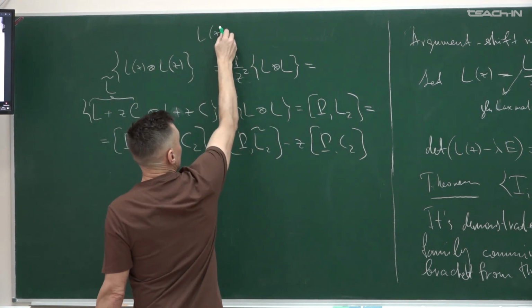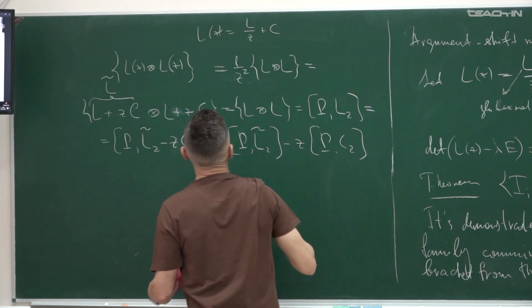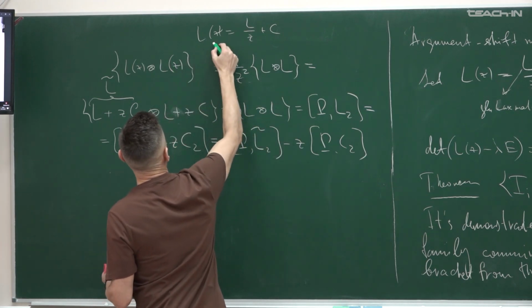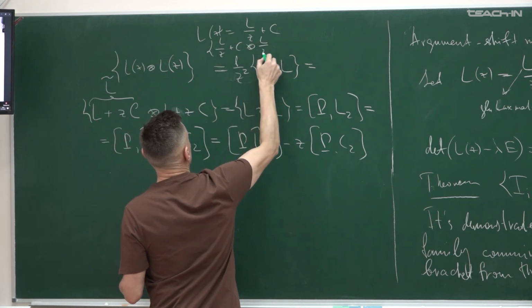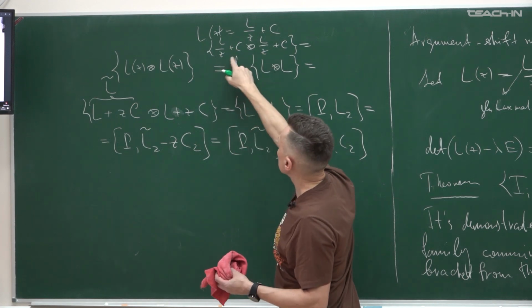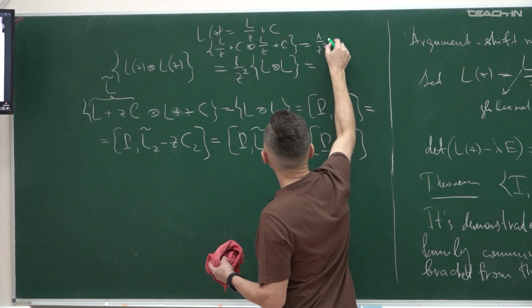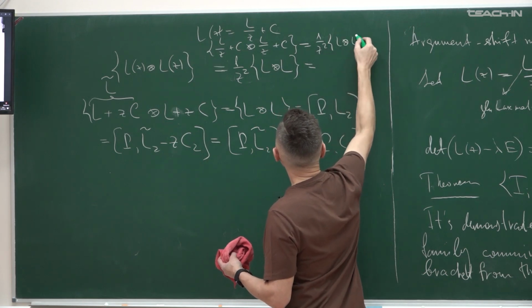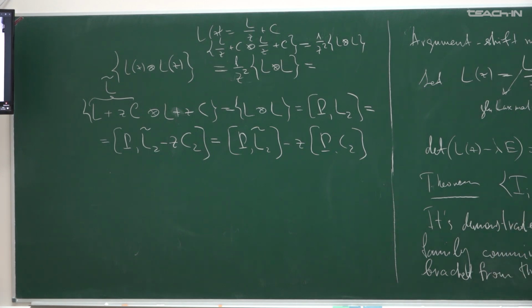L of z by definition is L of z plus C. Yes. So if you write it here, L of z plus C, L of z plus C, the only non-trivial bracket is between L, 1 over z square L by L. No, I think it's correct.